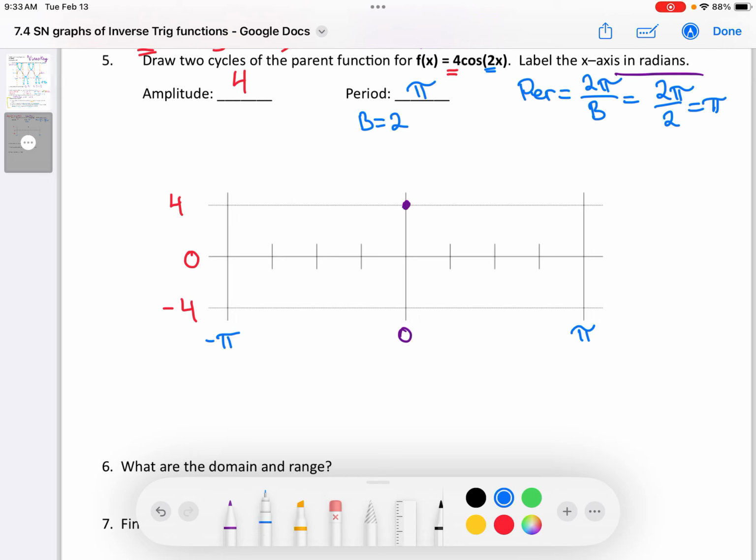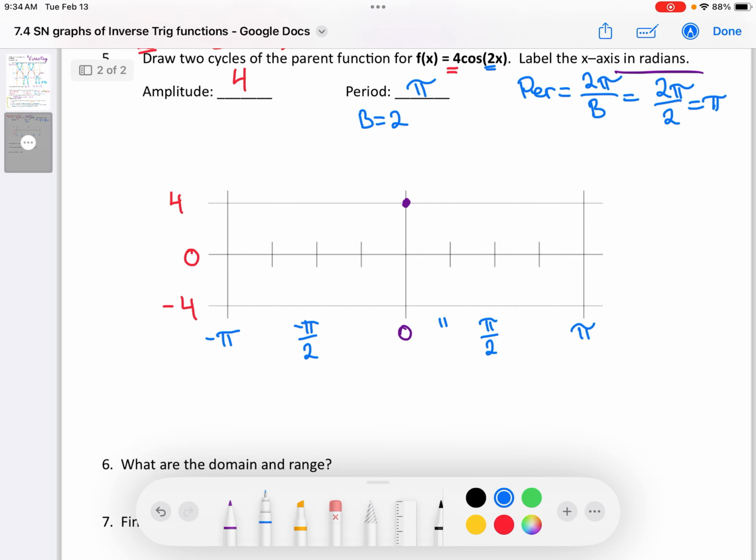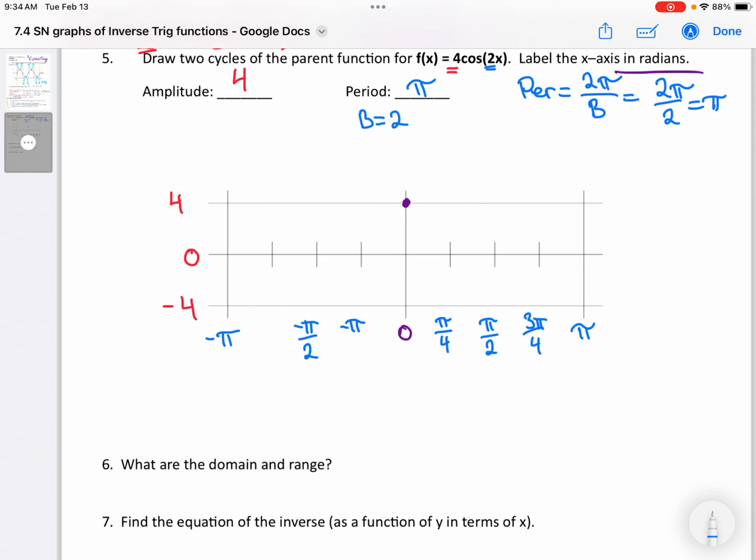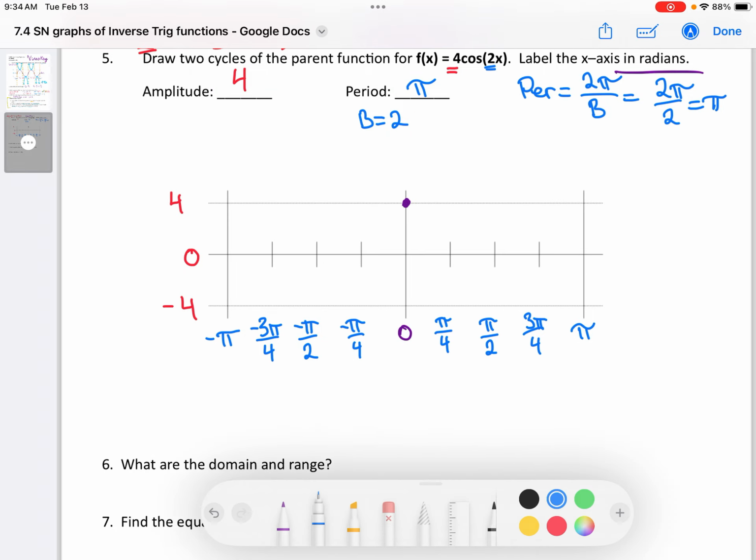Now, in between, we have half pi's, pi over 2, negative pi over 2, and the other critical points would be a fourth, half of a half. So pi over 4, 2 pi over 4, 3 pi over 4, pi. Same thing going backwards. Negative pi over 4, negative 2 pi over 4, negative 3 pi over 4.